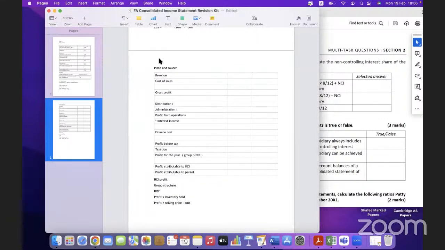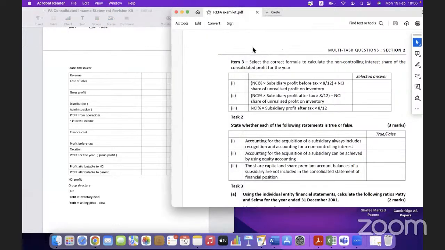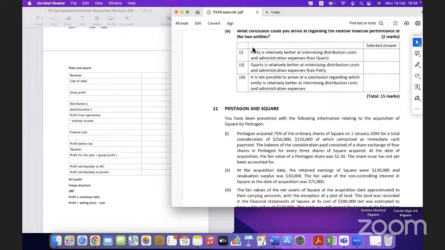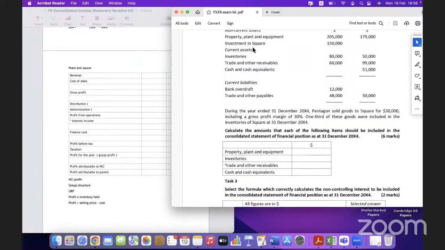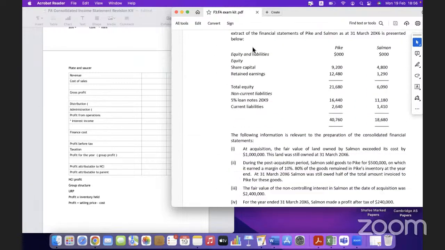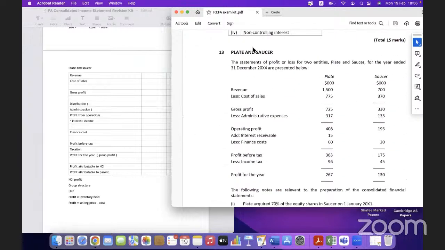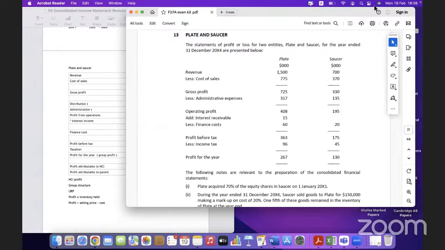Another question, guys. The question name is Plate and Saucer. This is also, guys, from the revision kit itself. Right. So, guys, this is the question then, Plate and Saucer.